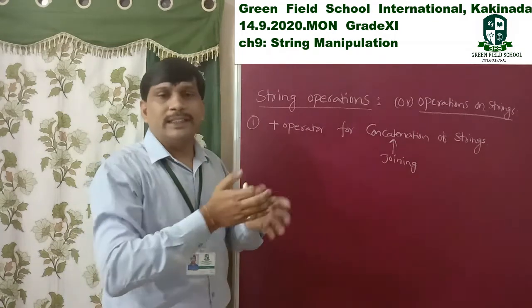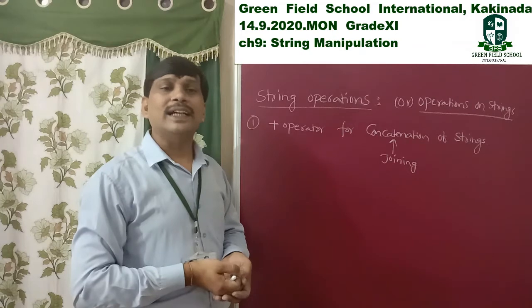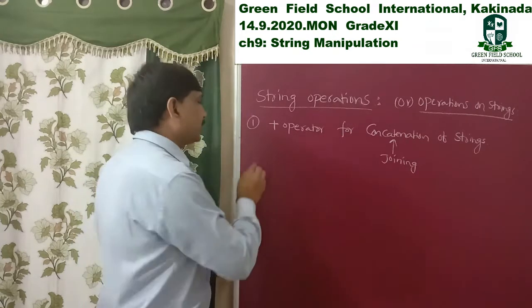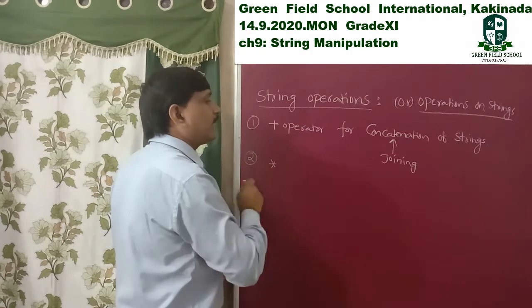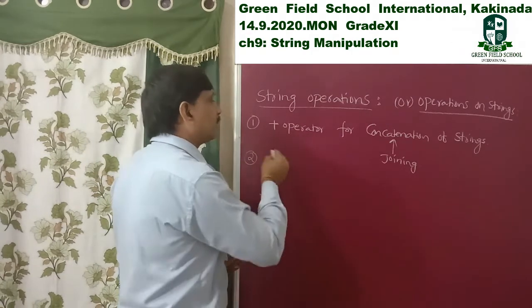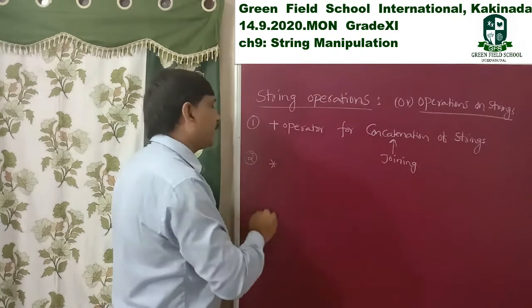Joining means combining. Combining two strings is called joining or concatenation. The second operation is the star operator. So the plus operator is called the concatenation operator.